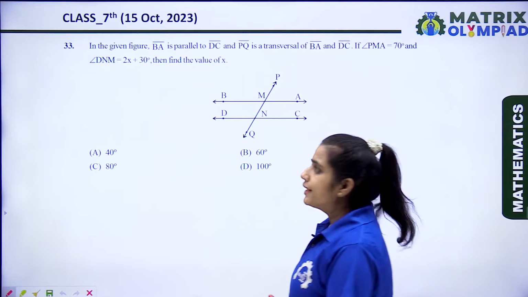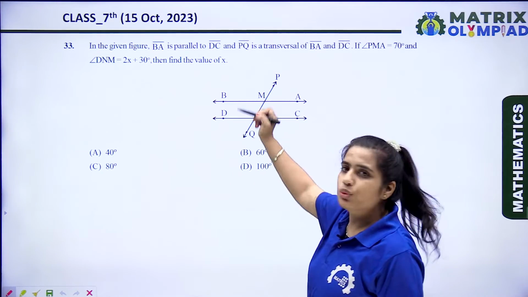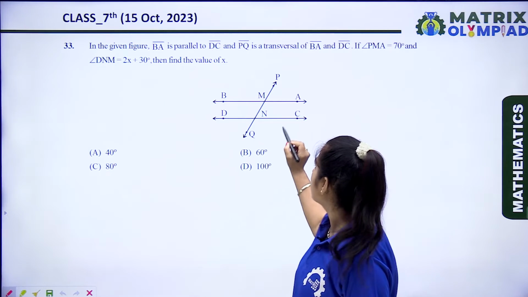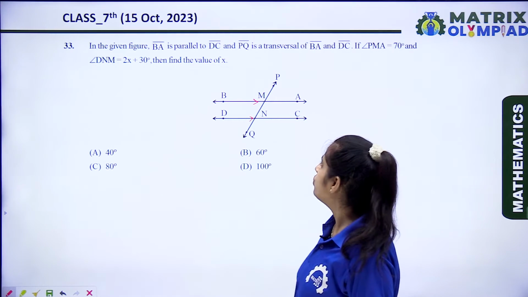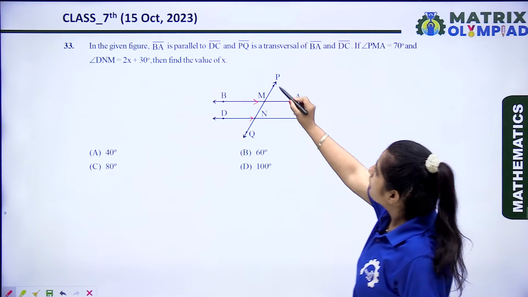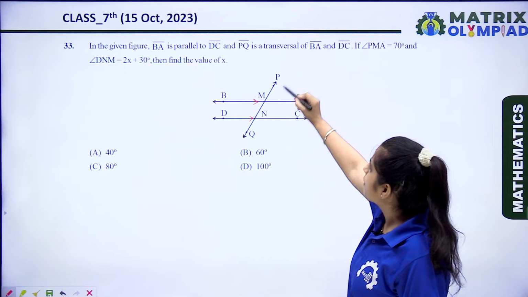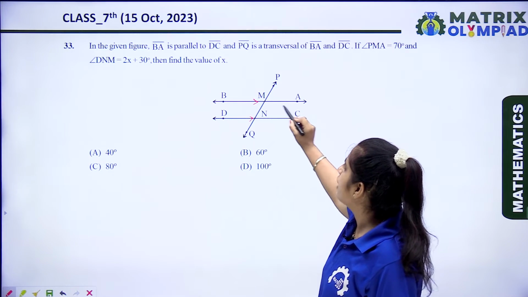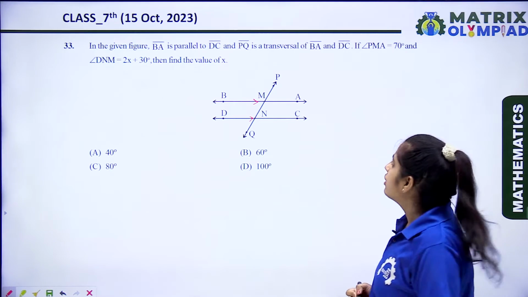Now question number 33. In the given figure, BA is parallel to DC. Line हमें दे रखी है BA, it means this line is parallel to DC line, and PQ is a transversal of BA. PQ जो line है वो BA और DC की क्या हो गई है? Transversal. Right?